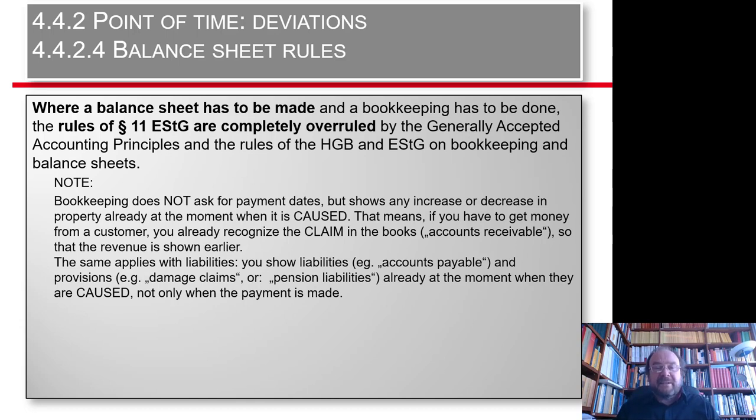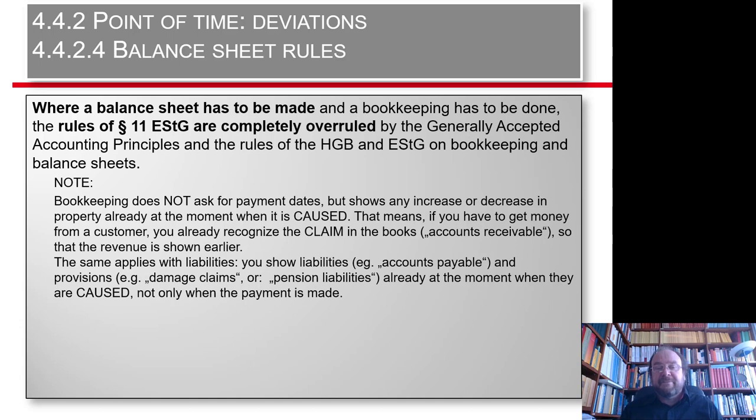And on the other hand, liabilities and provisions are already entered into the books. You don't wait for the payment there. So when somebody makes a balance sheet, the whole of paragraph 11 is automatically overruled by the generally accepted accounting principles.